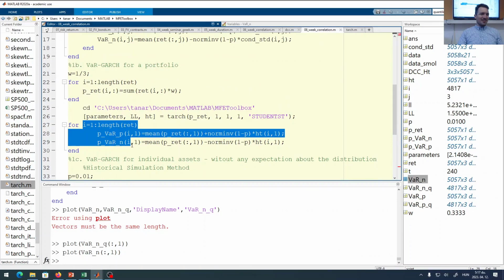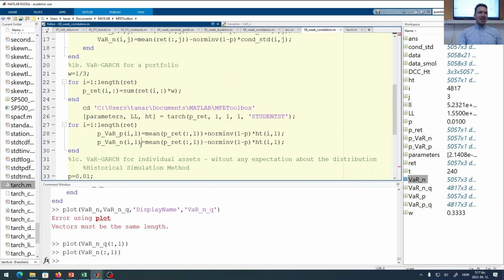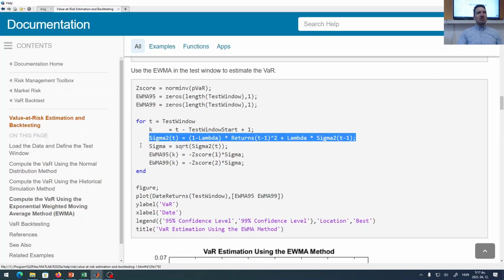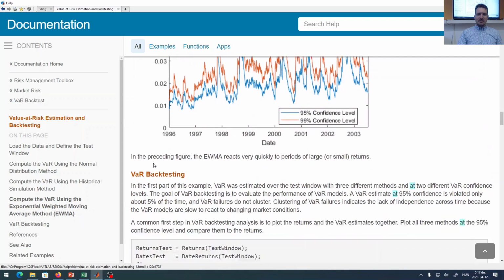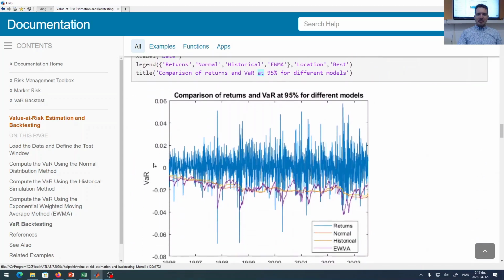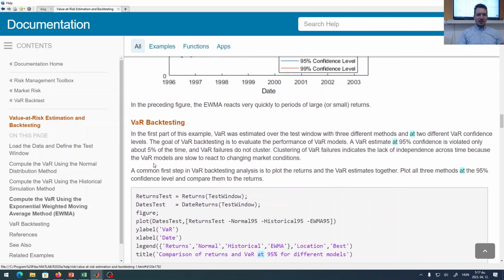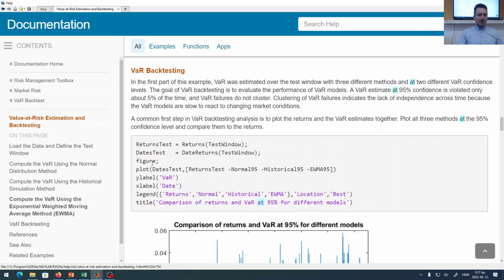This one is much more sophisticated again, because EWMA was developed before the GARCH models, or around similar times. Backtesting will be later on.